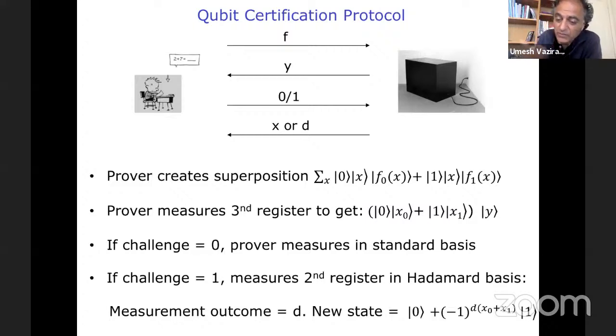But what we'd expect is that the prover has no idea what the state of this qubit is, because that seems to require knowledge of both of the pre-images.